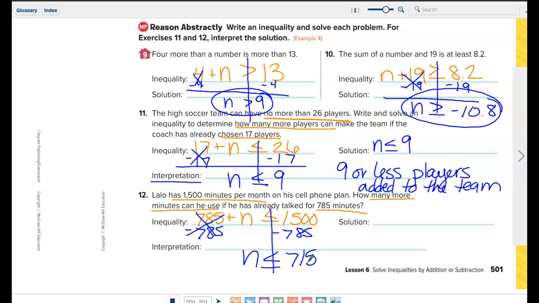And if I'm interpreting that, that means that Lalo can use 715 minutes or fewer and not have to pay additional charges. That's how we would interpret that.